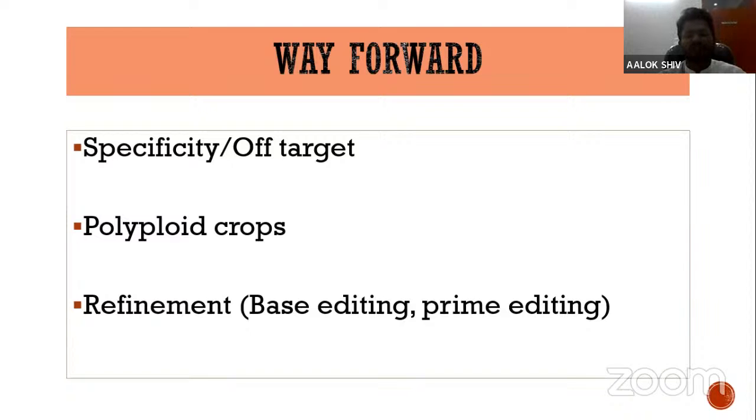It should not go anywhere in the genome and give off targets. Regarding polyploid crops, though CRISPR-Cas has been successfully utilized, in many crops like sugarcane and other forage crops which are polyploids, it is difficult to use genome editing.